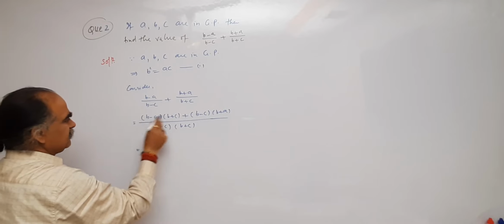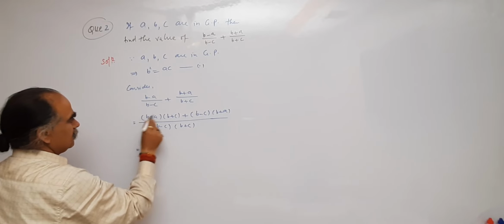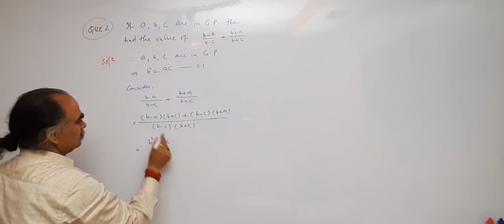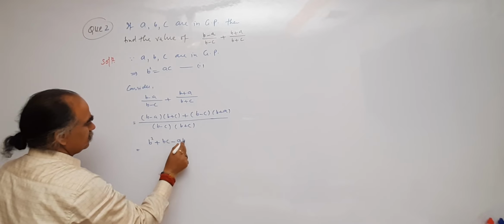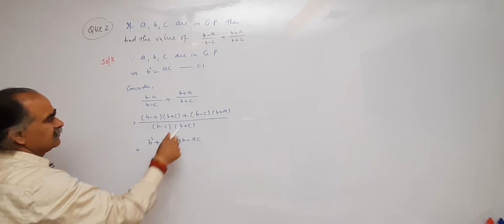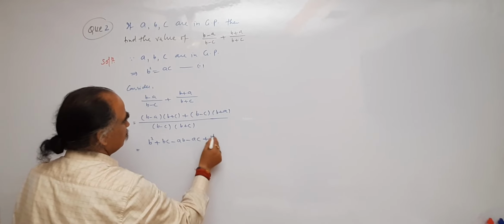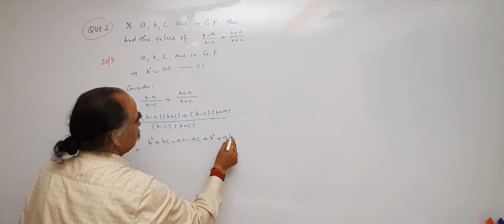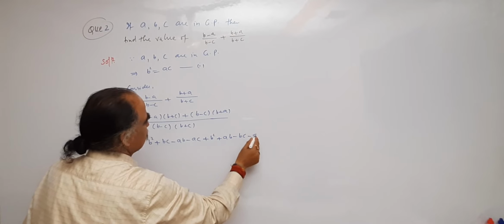Multiply the numerator: b square plus bc minus ab minus ac plus b square plus ab minus bc minus ac.